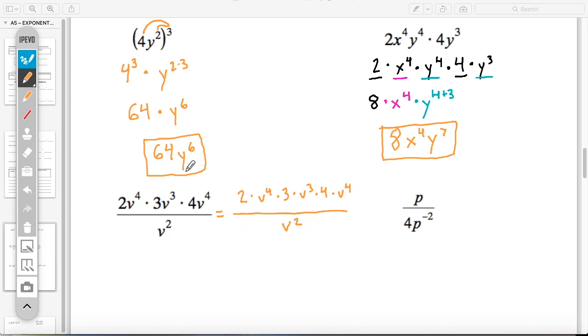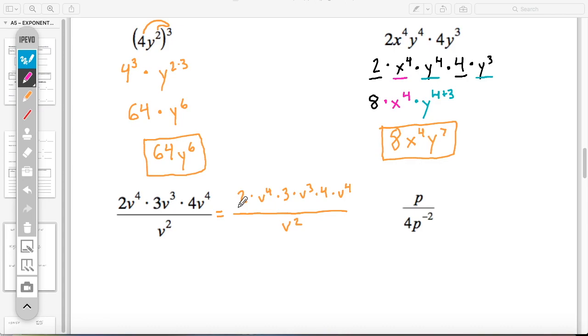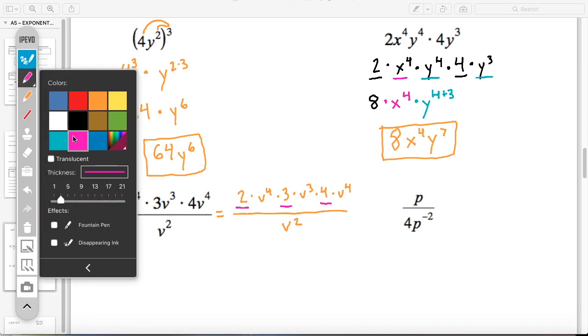Okay, so what I'll do, change colors here. I'll do my integers first, so I have a 2 right there, I have a 3 right there, and I have a 4 right there. Okay, so 2 times 3 times 4, well 2 times 3 is 6. If I multiply that by 4, I get 24.